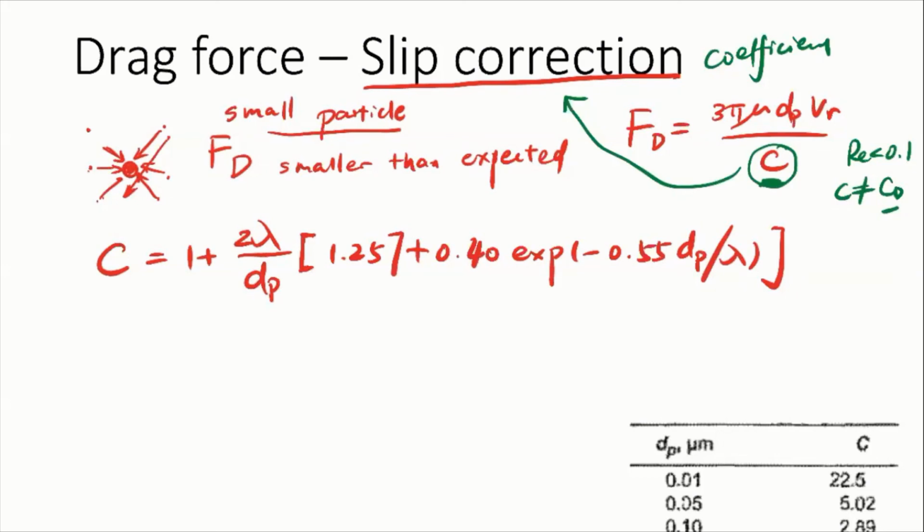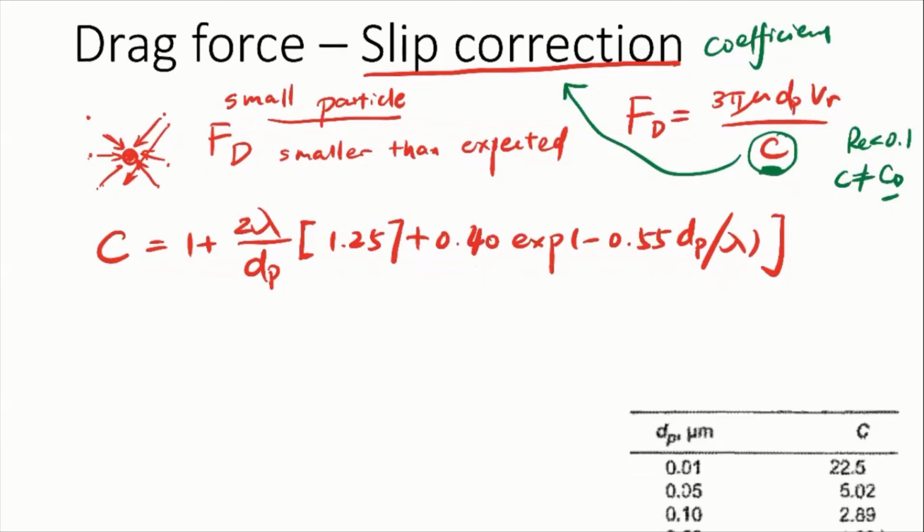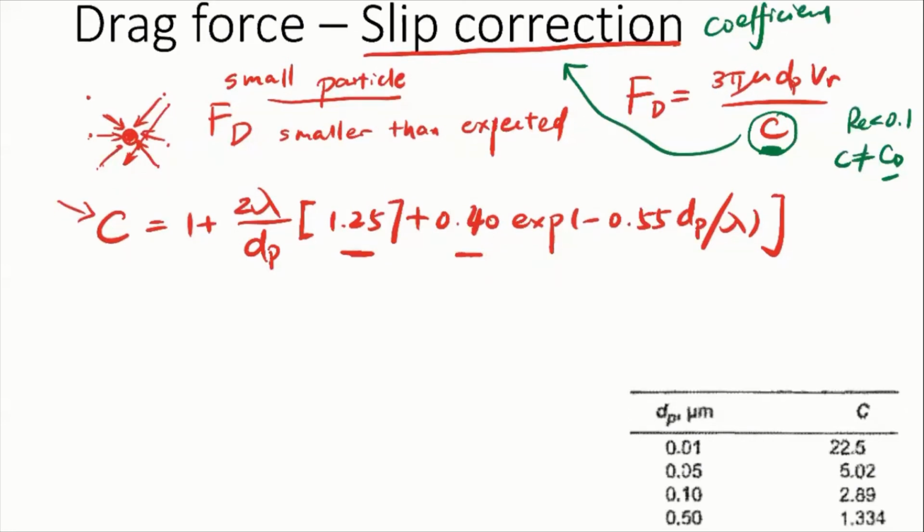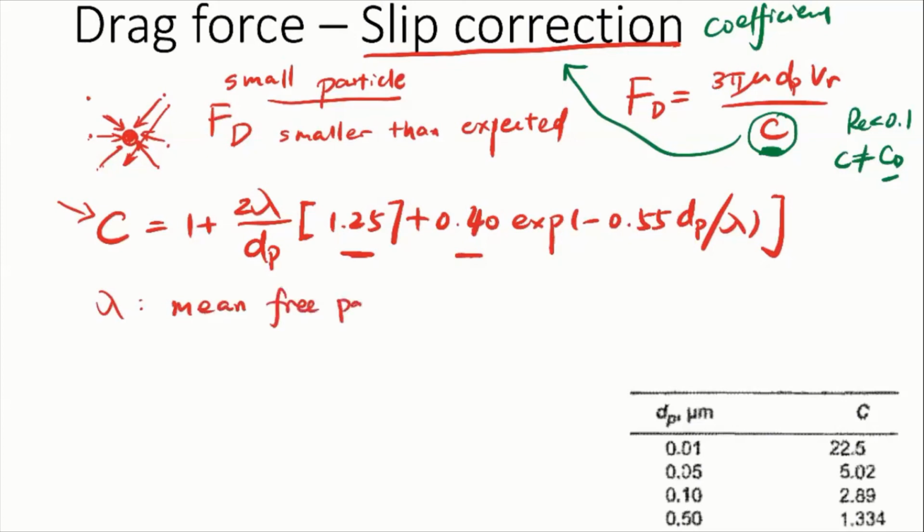This is a very long equation, but actually it was collected purely based on observation. These are all fitted numbers from people's experiments. We did so many of these experiments to characterize this coefficient. In this equation, lambda is the mean free path of the molecules, or I should say air molecules.